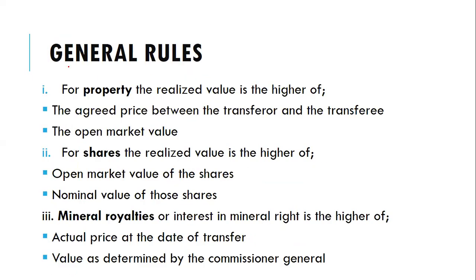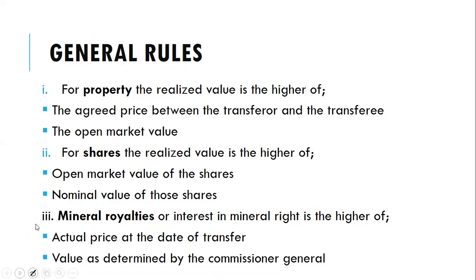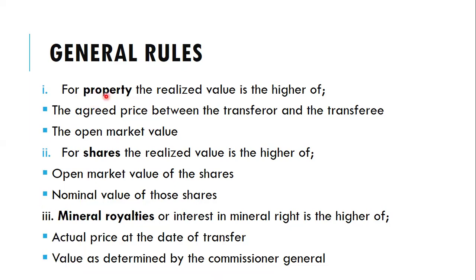So the general rules, and these are very, very important rules. Please pay attention to these rules because these are the foundation of property transfer tax. If you get them, then you'll be able to hammer very good marks. So now, property. For property, land, buildings, and all other similar items, the realized value is the higher of the agreed price between the transferor and the transferee and the open market value.